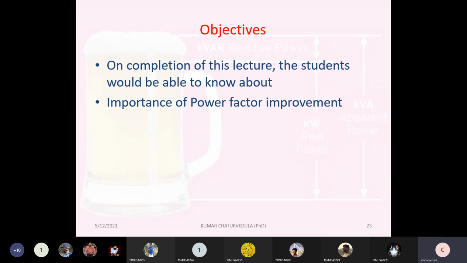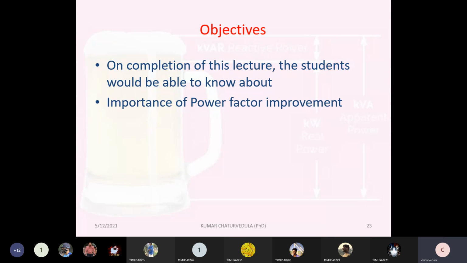We have seen the drawbacks of low power factor: large kVA, and the size of the machine is going to increase. Then large line losses, lower efficiency, and penalty from the distribution companies to the industry. All these are the drawbacks of low power factor.